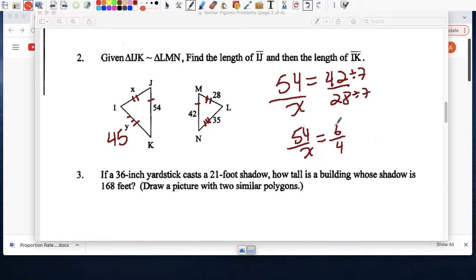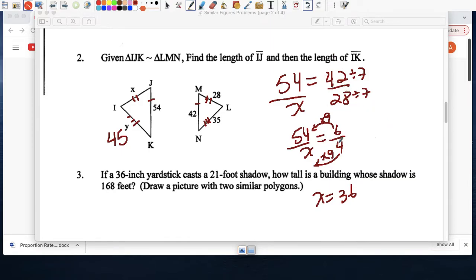I could have gone even higher, I could have divided by 14. But this is enough. So again, 6 times 9 is 54. And 4 times 9 will give us our x value. In this case, x equals 4 times 9, which is 36. You could have cross multiplied, that's okay too.